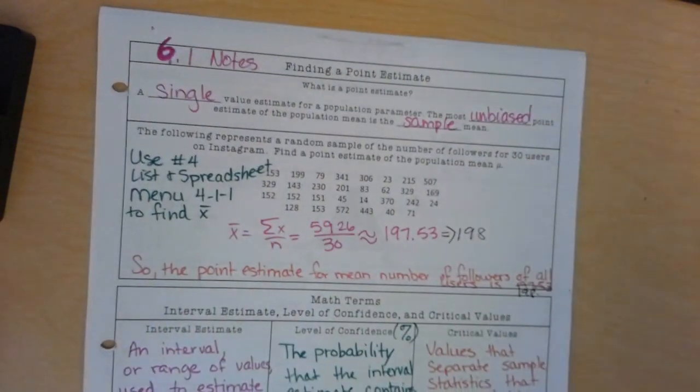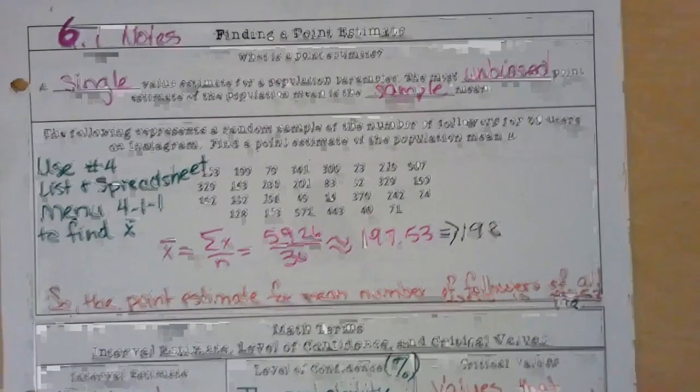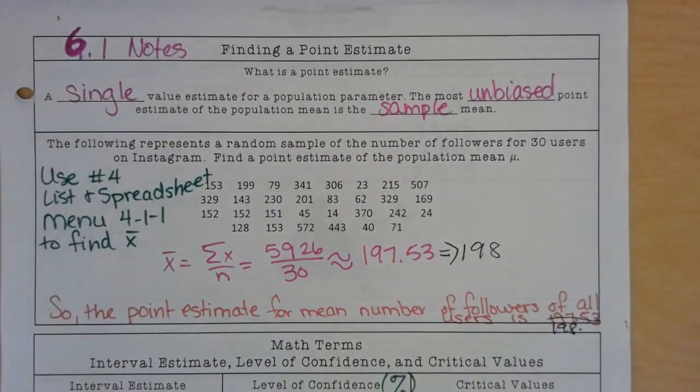Okay, so a couple of things that we need to look at, and these are very important pieces of information to know. Point estimate. A point estimate is a single value estimate for the population parameter. The most unbiased point estimate of the population mean is the sample mean.